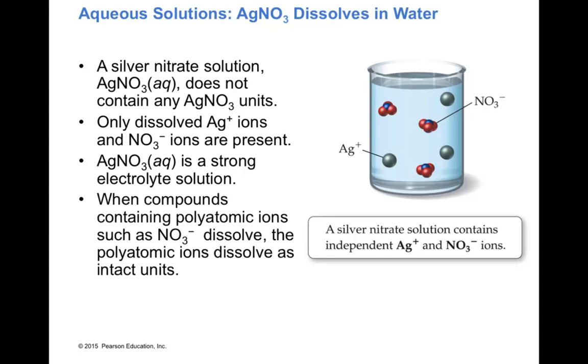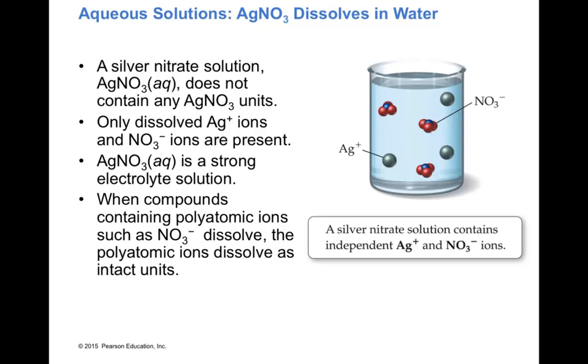When compounds containing polyatomic ions such as nitrate dissolve, the polyatomic ions dissolve as intact units. So this is a polyatomic ion, this NO3. You don't separate nitrogen from oxygen. This is a whole unit, the polyatomic ion nitrate. So that's why you keep that as NO3 minus, and the cation, in this case, is the silver.